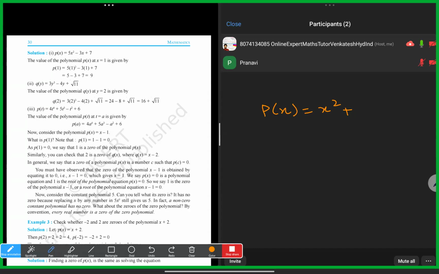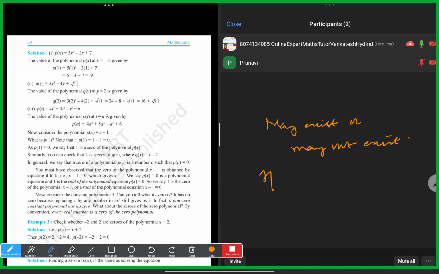Somewhere when we are doing sums, we get that. Mostly in our 9th class syllabus, zeros will be there. But if they give a multiple choice question, for a quadratic polynomial, zeros may exist or may not exist. For linear, one zero will definitely exist. Here it may exist, may not exist.